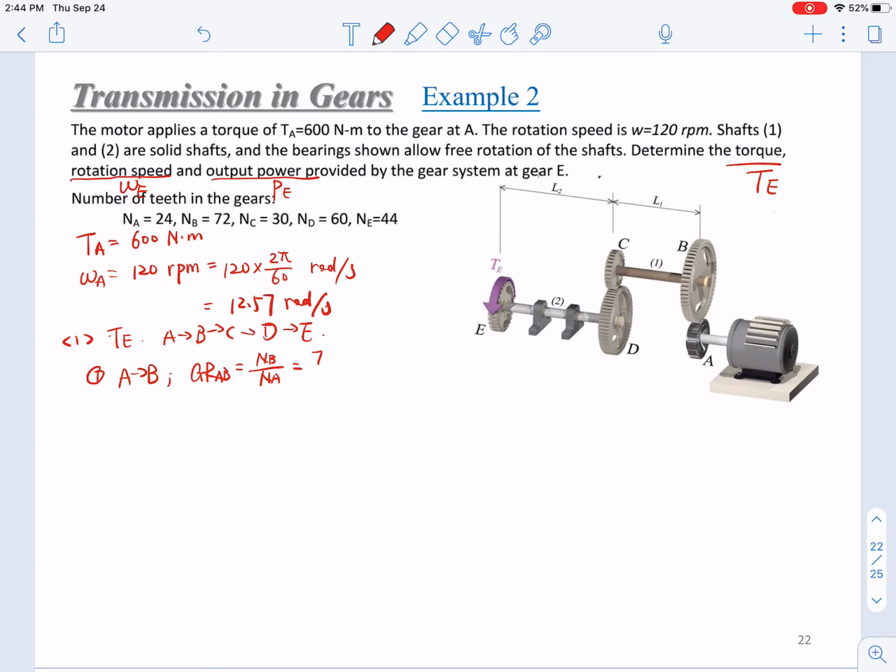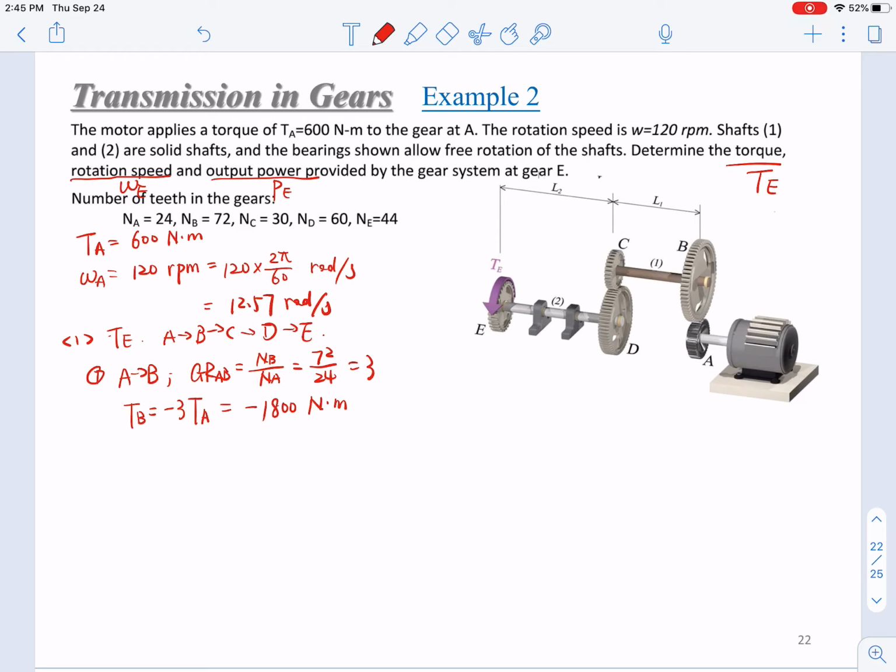That is 72 over 24. Gear ratio is 3. Right, so TB equals negative 3 TA. That will be negative 1,800 Newton meter.